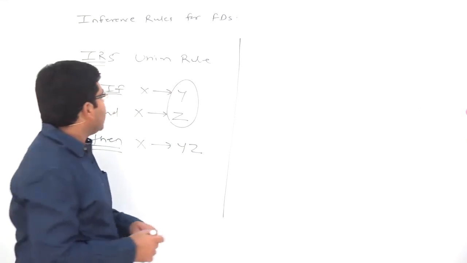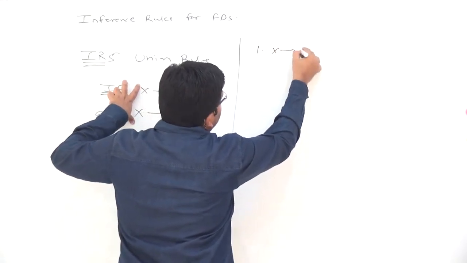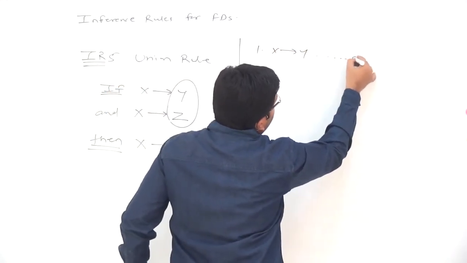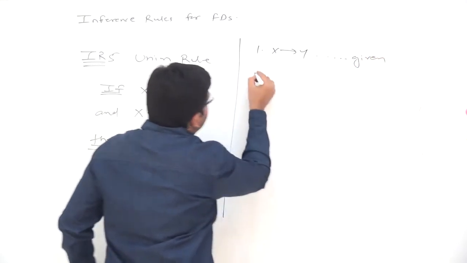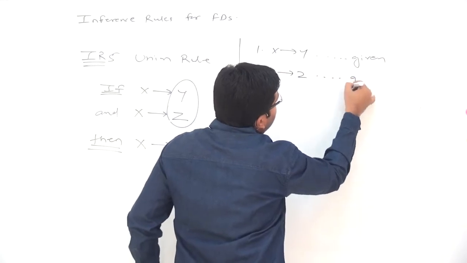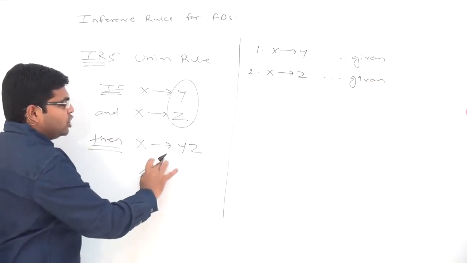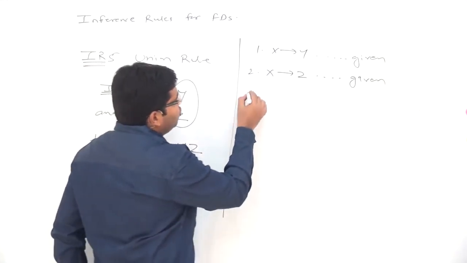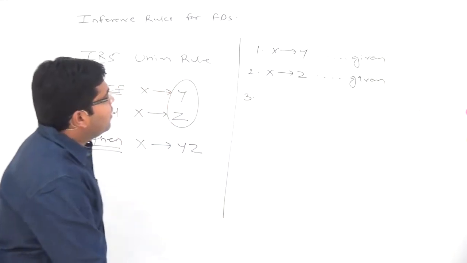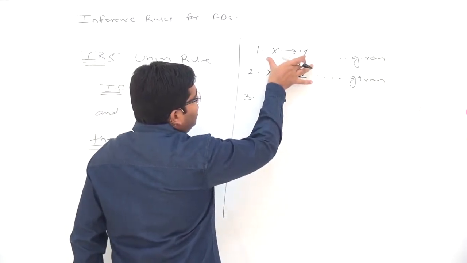Again, let us try to look at a simple proof of this union rule. Suppose we start with the given statements. Number 1, x gives y, this is given. Then second, x gives z is also given, and we need to prove x gives yz. So how can this proof be done? Let us see. We will augment FD1 with x.